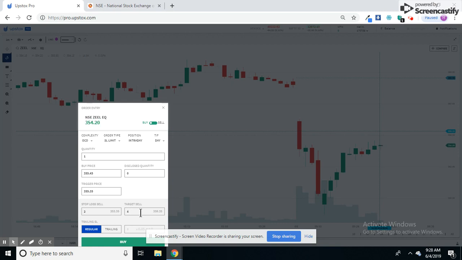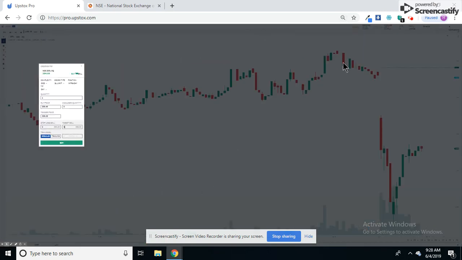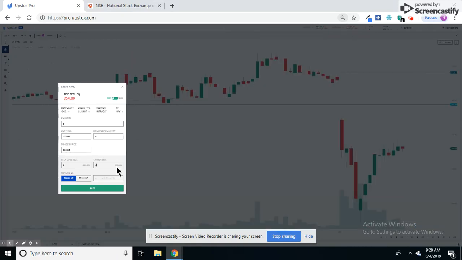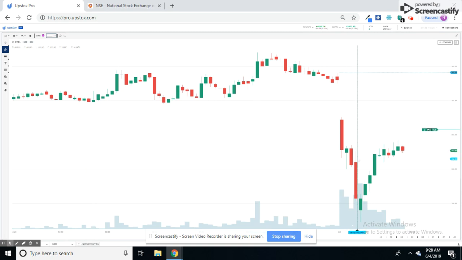That is a 1 to 2 risk to reward ratio, and I'm going to place my order. My hope is that if the price moves up, this level will get breached and the price will move up further. So I'm placing the order.